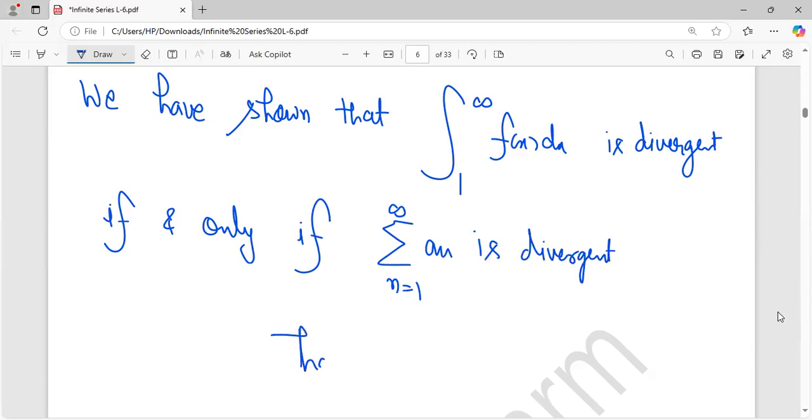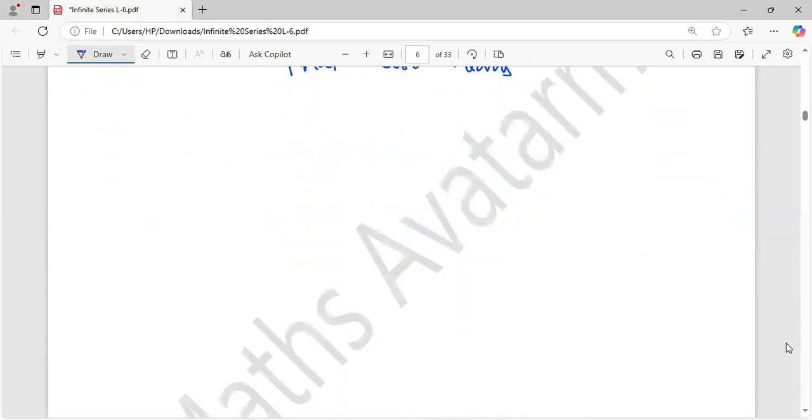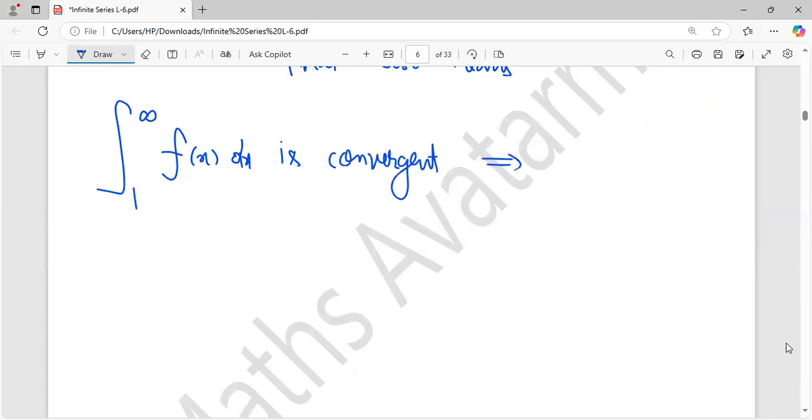That also means the meaning is the same. Saying divergent is also saying this integral is convergent if and only if this series an is convergent. So what is the meaning of this?